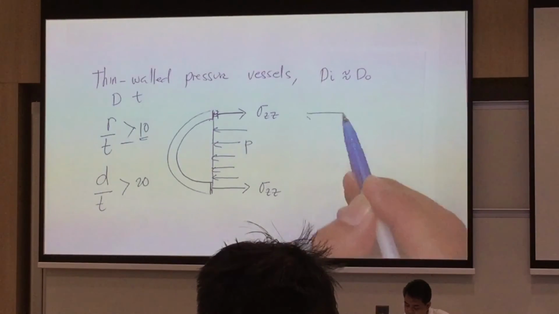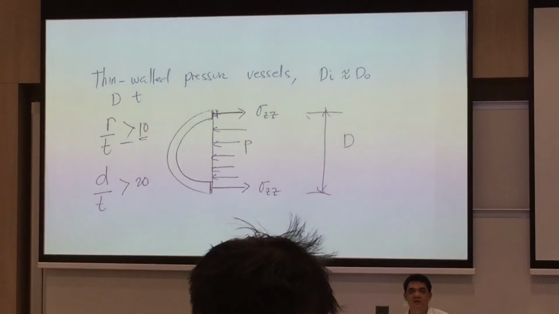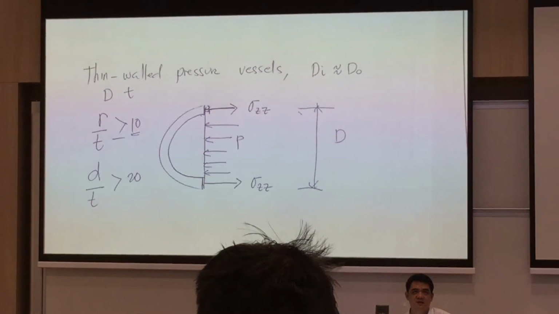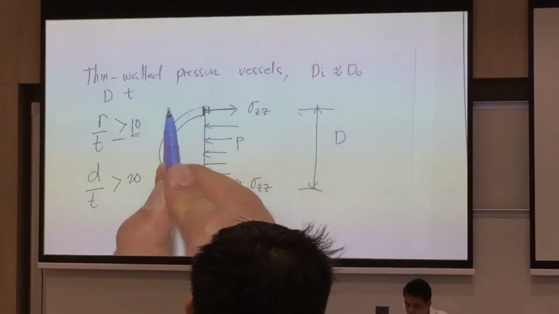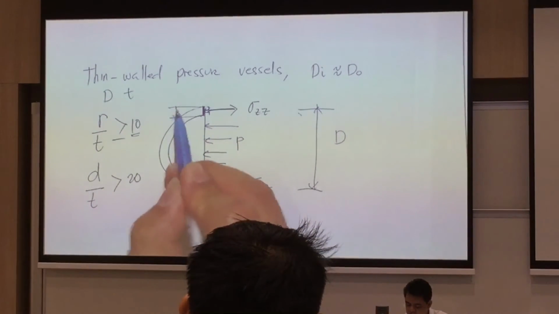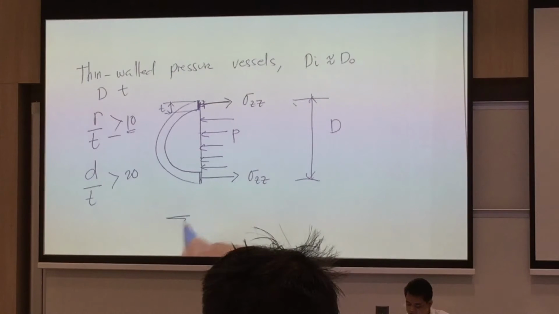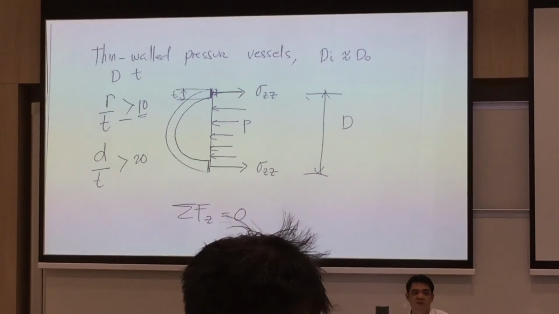And this one will be your diameter. Yes? So there will be a thickness here. So there's that thickness T. So all we have to do is take the summation of forces along the z-axis to be 0.